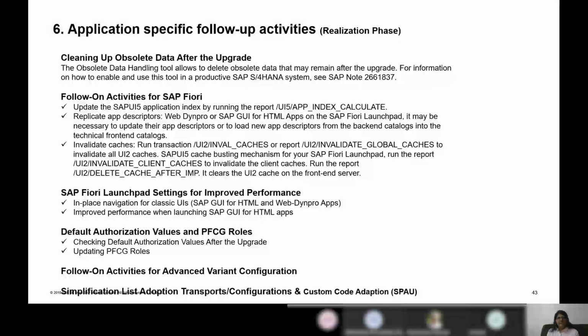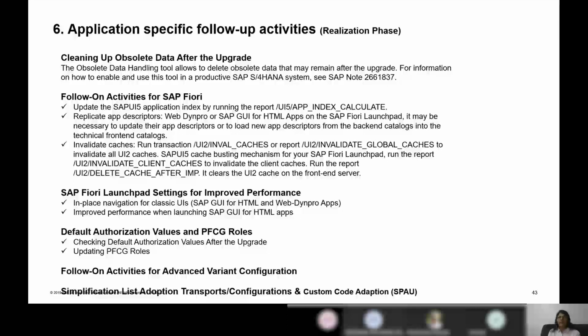Once you're done with it, there are application-specific follow-up activities. What are these activities? You had done an SI check. Against the SI check, you had custom code adoption, which you have done. These custom code adoptions, you can import in the post-processing, follow-up activities. Apart from this, you also have simplification list adoption, transports, configuration.